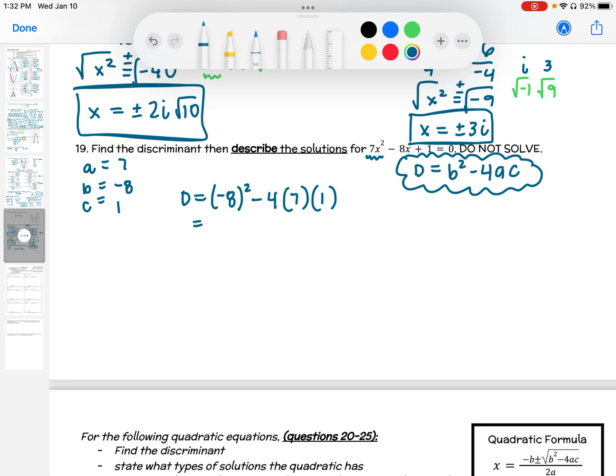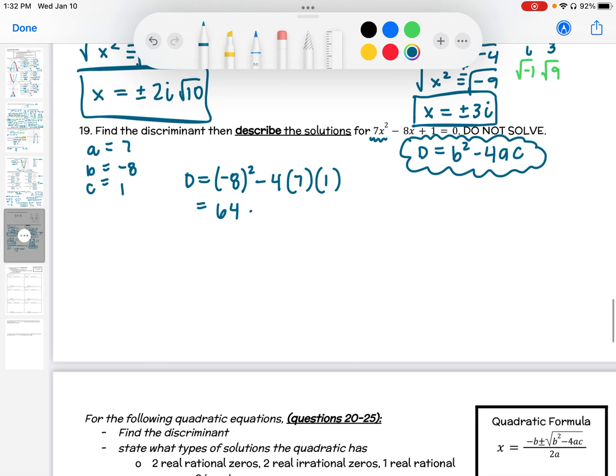So you could type that whole thing into a calculator or break it up into pieces. We know 8 squared is 64. And then 4 times 7 times 1 is 28. And if we subtract those two, we get 36. All right, so our discriminant is 36.